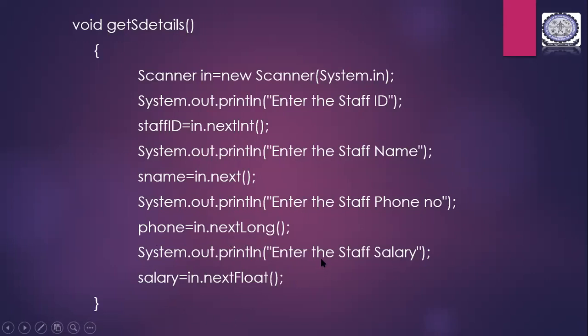And for salary, enter the staff salary. We are having salary as of the float data type. Hence, we are asking the user to put in the value. So the system takes the value from the input object, that is from the Scanner, and we are using nextFloat to take in the value from the user.